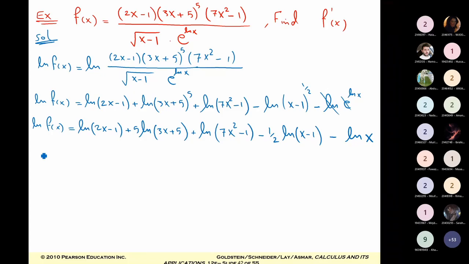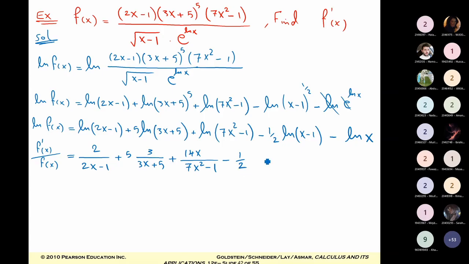Find the derivative for both sides. So we have f prime of x over f of x equals 2 over (2x minus 1) plus 5 times 3 over (3x plus 5) plus 14x over (7x squared minus 1) minus 1 over 2 times 1 over (x minus 1) minus 1 over x.